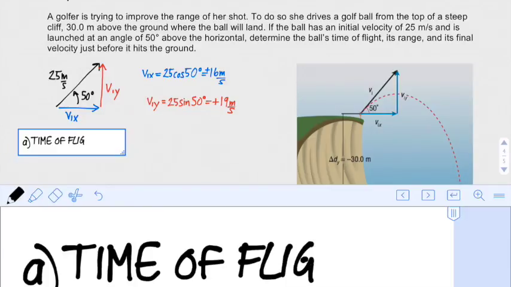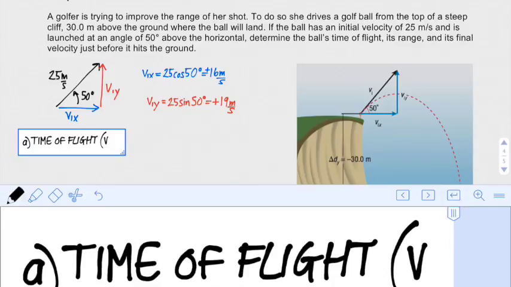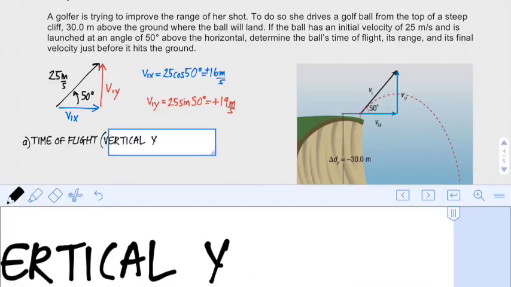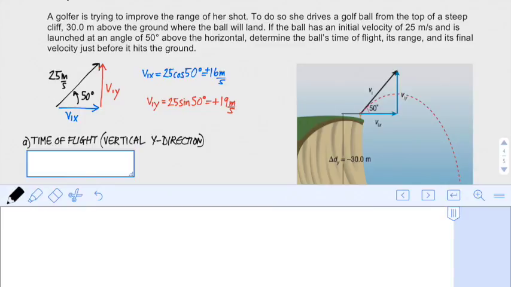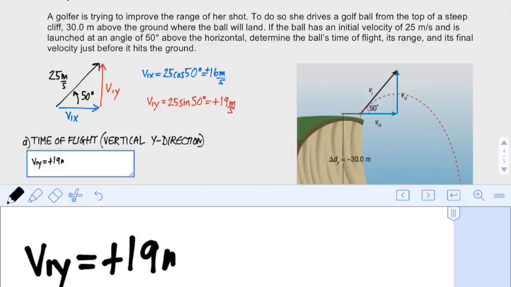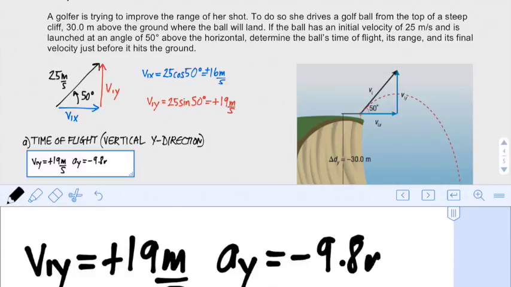Whenever we're solving for the time of flight, we want to look in the vertical or y direction. So we need to collect all information we know about the y direction. We've just calculated the y component of the velocity is plus 19. We know the acceleration in the y direction is negative 9.8.